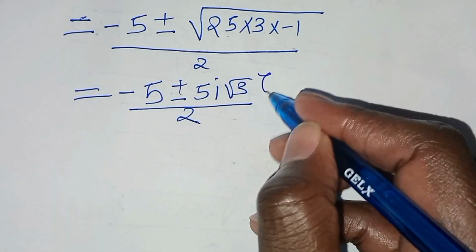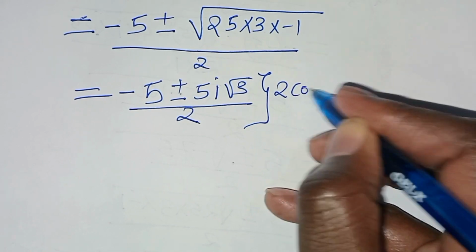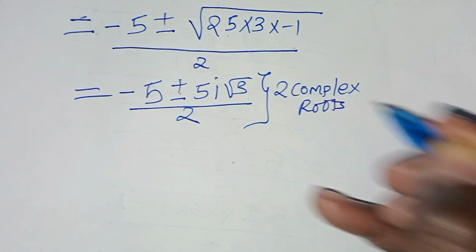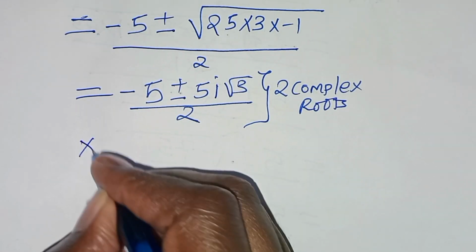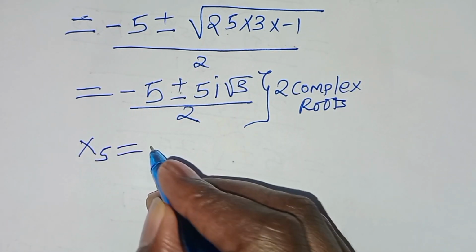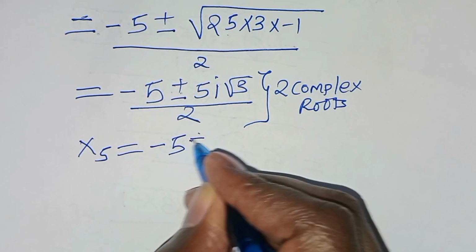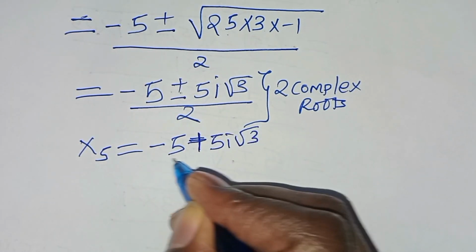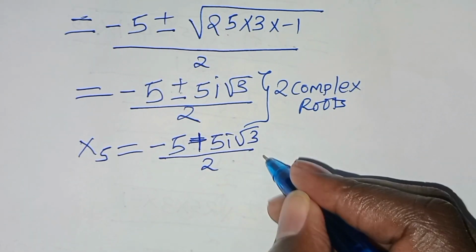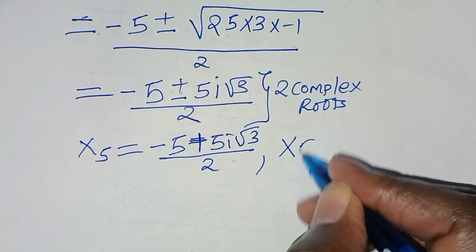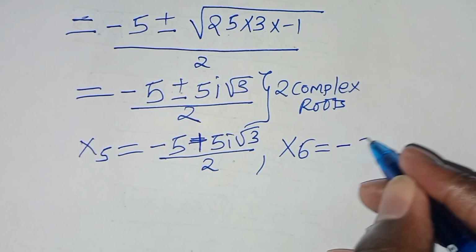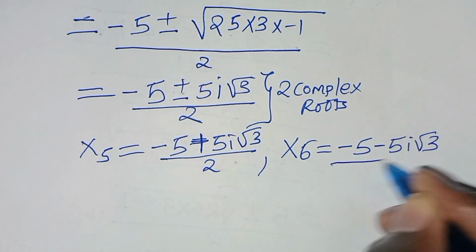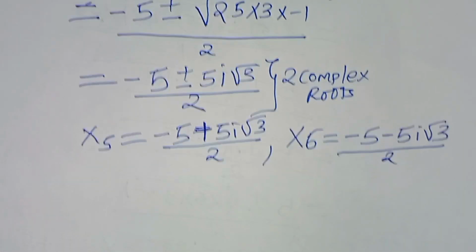So this implies that there are two complex roots: x5 equal to negative 5 plus 5i square root of 3 divided by 2, and x6 equal to negative 5 minus 5i square root of 3 divided by 2.